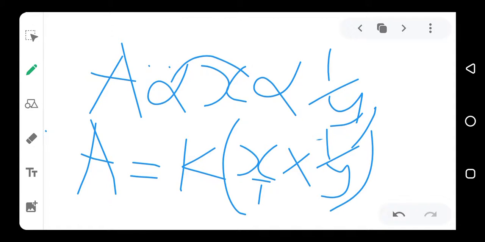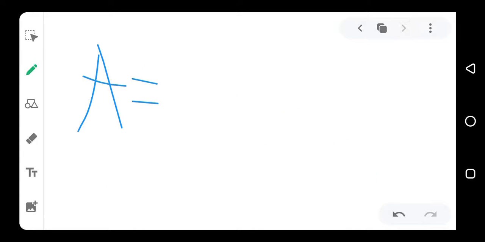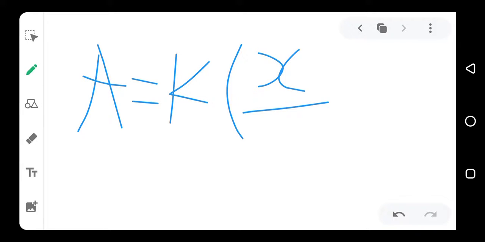Now we can multiply the numerators together, and the denominators, we can multiply them together. So inside the bracket, we are now going to have X times 1, that is the numerators, and then under we have 1 times Y. So we have inside the bracket that A is equal to K, which is still outside the bracket, up is X, down is Y times 1, which is Y. So we have this.